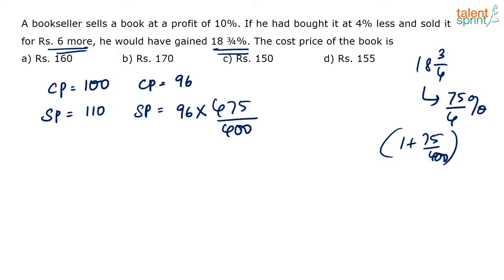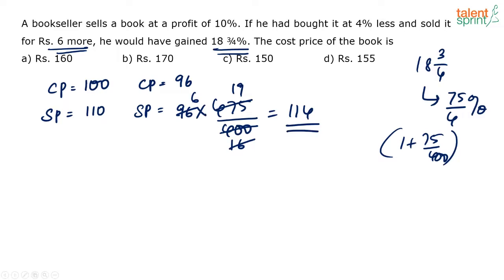So when he is buying the article for 96 rupees and he is selling it at some selling price, he is gaining this much percentage. So what is his selling price? It is nothing but 96 into 475 by 400, that is 1 plus 75 by 400. So 25 will go in both of these. 25 will go here 16 times, here 19 times, this is 6, so this is equal to 114.